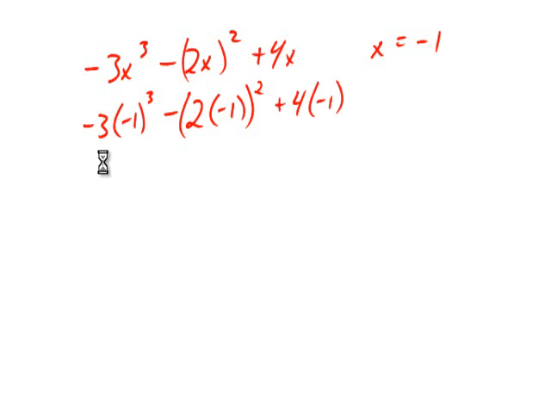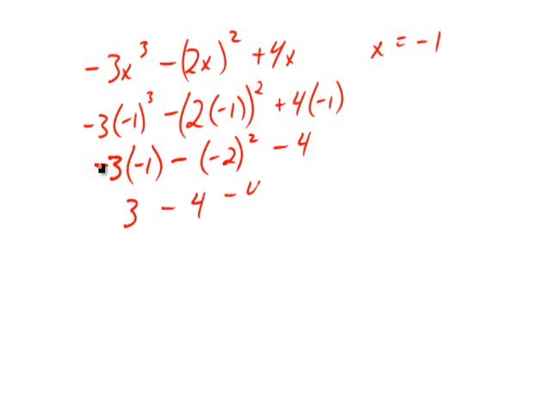If I simplify, I have negative 3 times negative 1. In the parentheses, I have negative 2. I'll be squaring that. Minus 4. And if I simplify, I end up with a value of negative 5.